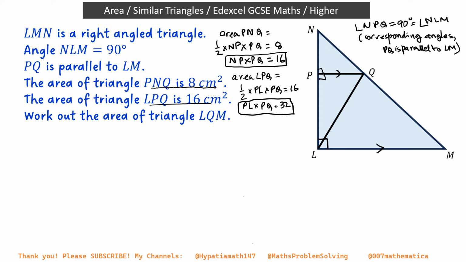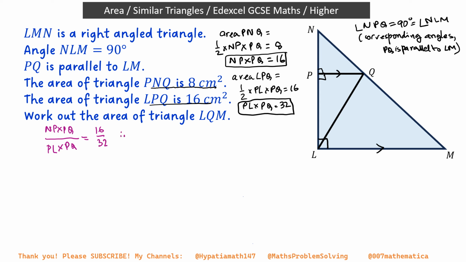So what I'm going to do now is divide one by the other. We can write NP times PQ divided by PL times PQ equals 16 out of 32.